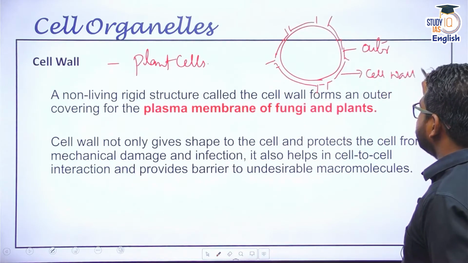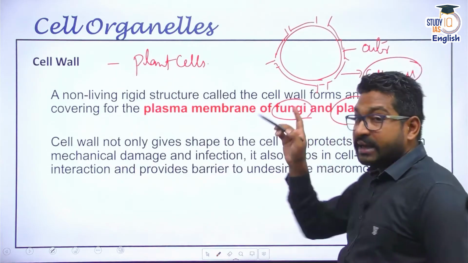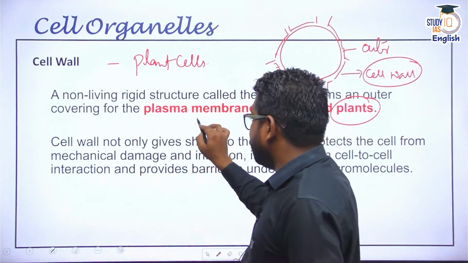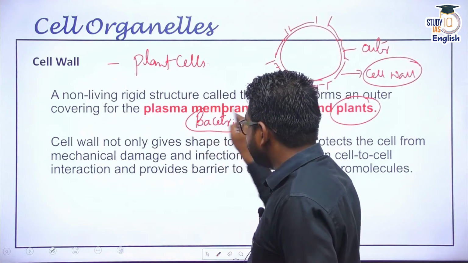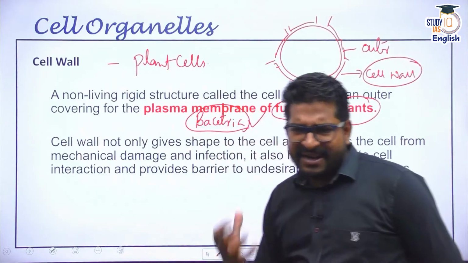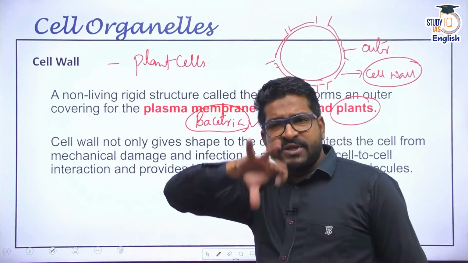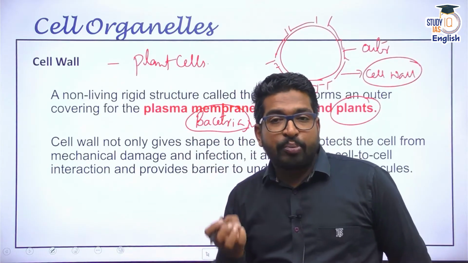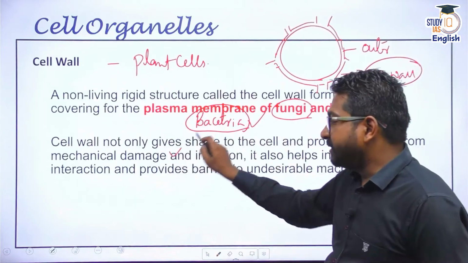Please remember, cell wall is present in plants. Cell wall is present in some fungi. Remember, cell wall is also present in many bacteria. It's a very important thing. Cell wall not only gives the shape to the cell, but it also protects the cell from any sort of mechanical damage and infection.